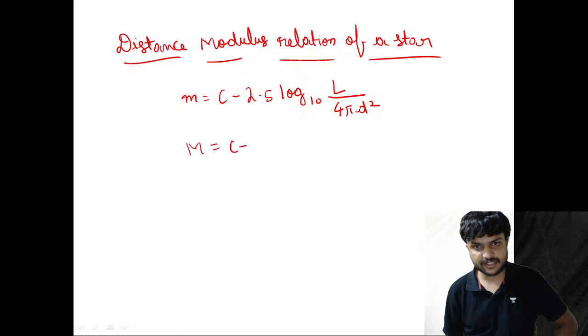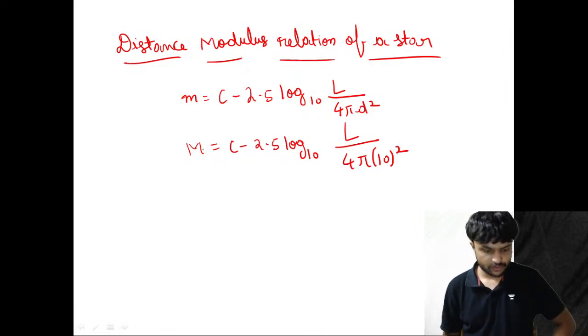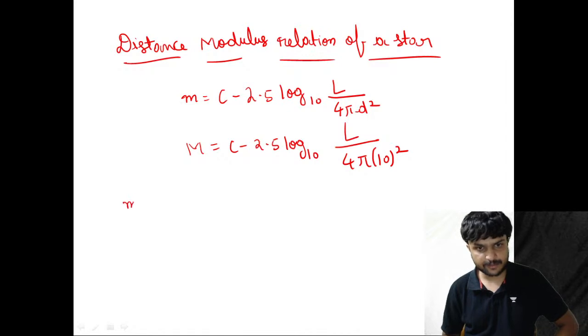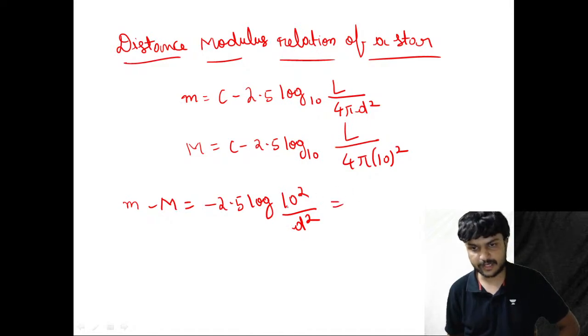And for absolute magnitude, M equals c minus 2.5 log base 10 of L by 4 pi times 10 parsecs squared. So we subtract the second equation from the first, m minus M. You will get minus 2.5 log of 10 squared by d squared. The 2 gets multiplied: 2 into 2.5 becomes 5, so minus 5 log base 10 of 10 by d.